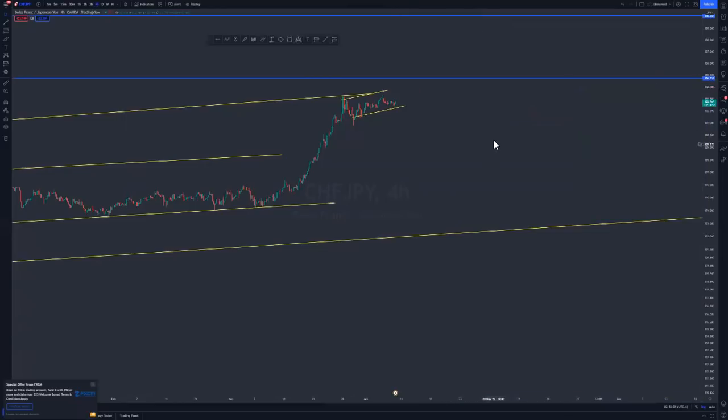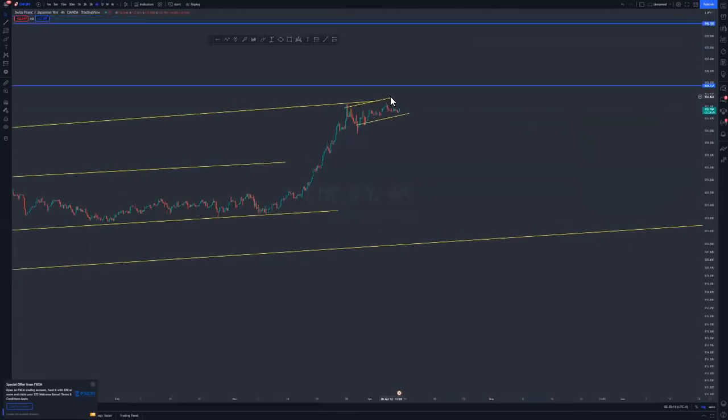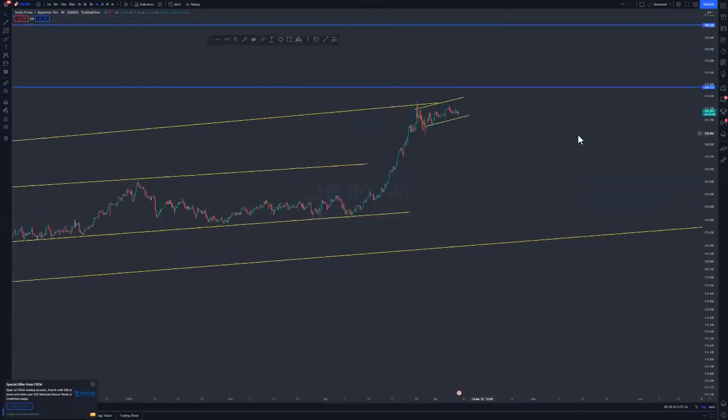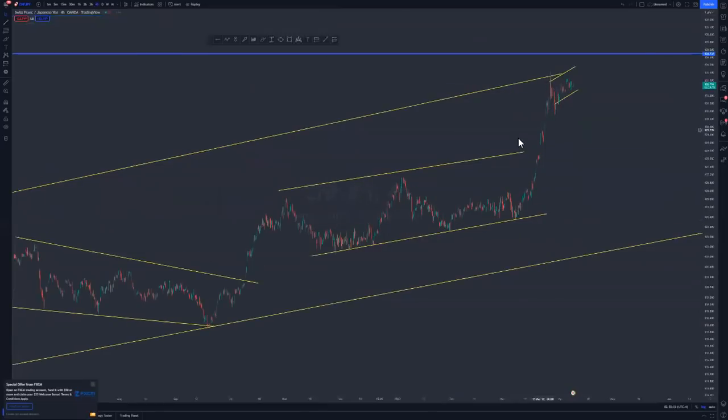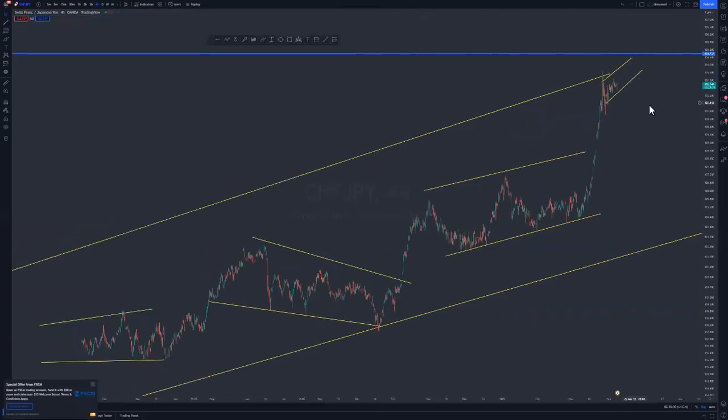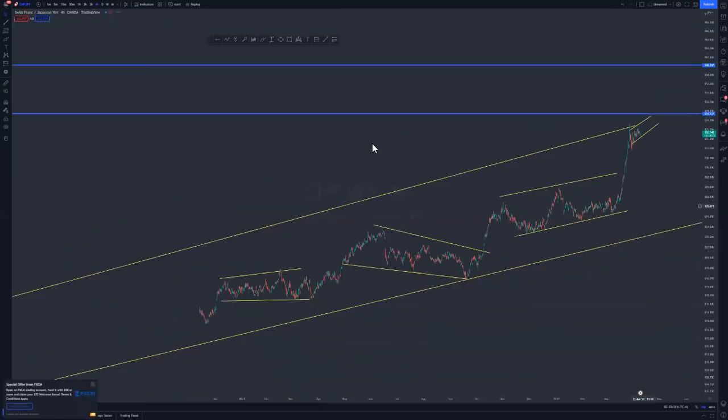So with the 4-hour, you could see that there's still a little bit of a pattern being formed here. So it can take as much as it wants, that's not a big deal. The 4-hour can take as much time as it wants. You see, even if it corrects to that level, so fine.